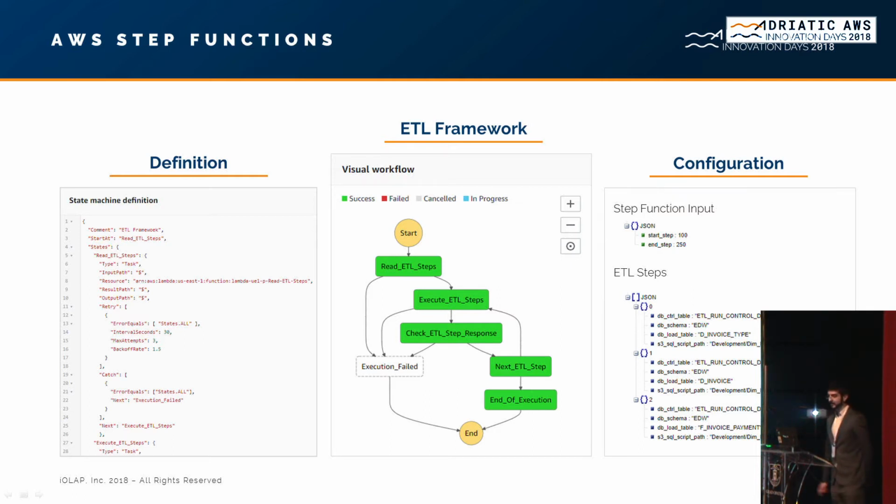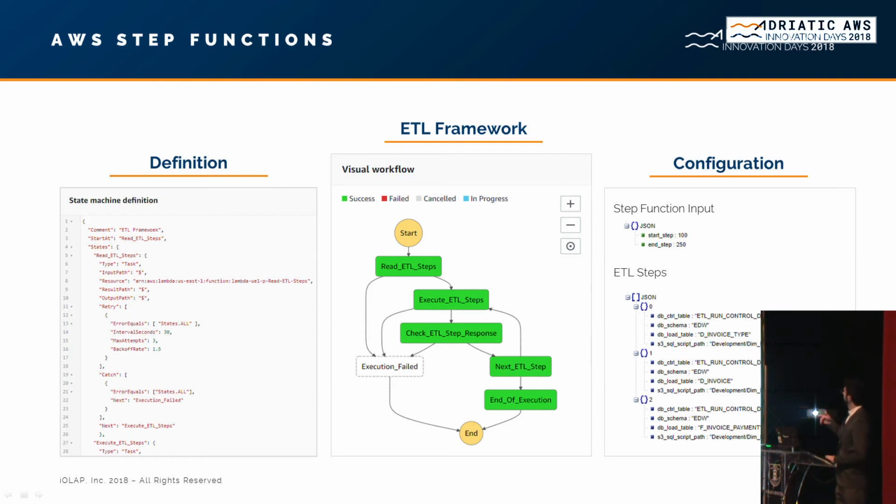The only limitation here is that the inputs are limited to 32,000 characters. So if you have, let's say, 500 jobs, you might end up exceeding that limit, and that's why there's also another option of limiting the steps that have to be run.